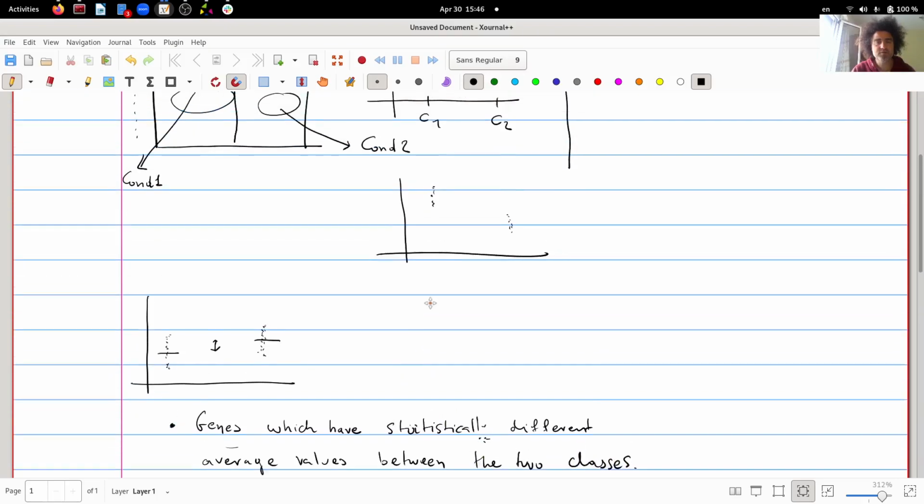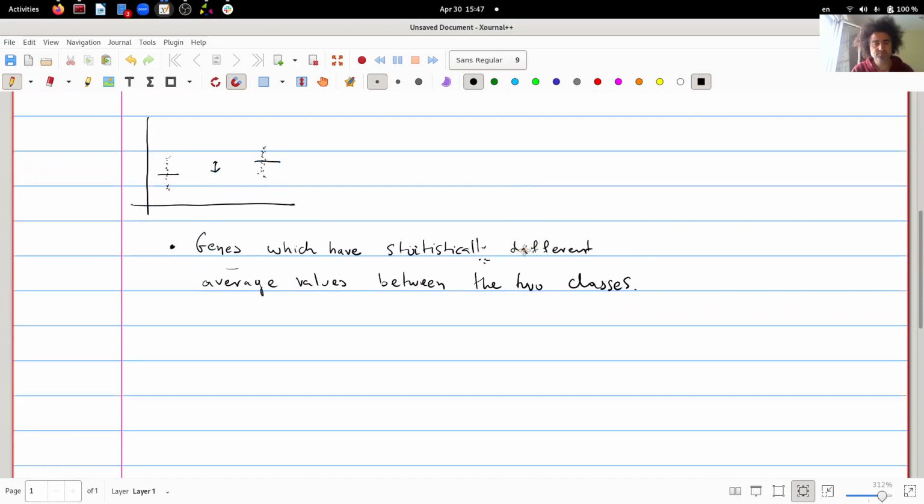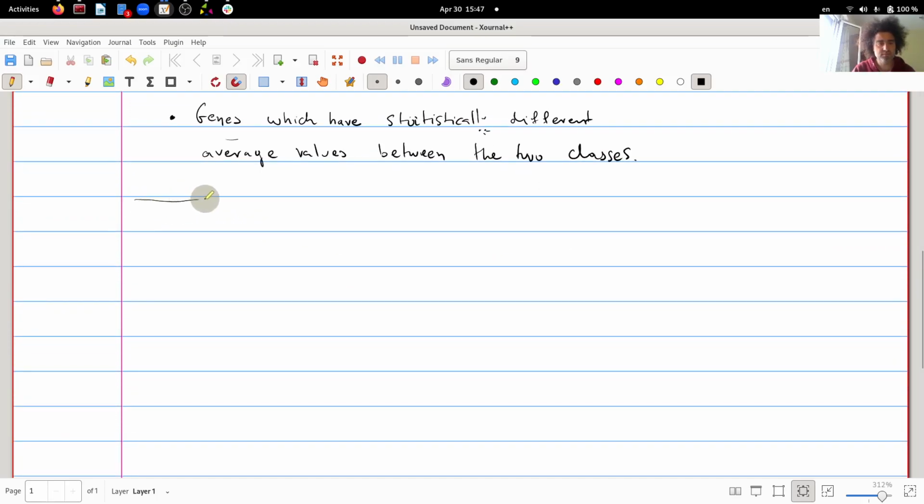Okay, and in previous courses we have seen how to do that with the t-test, and now we will see that with LM, with linear models. Okay, let's go ahead now to linear models.